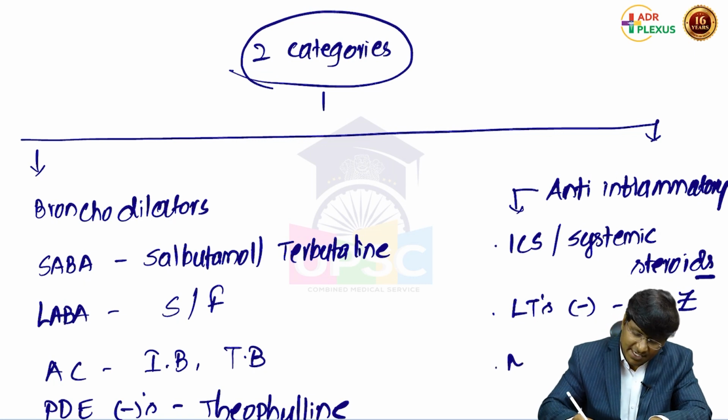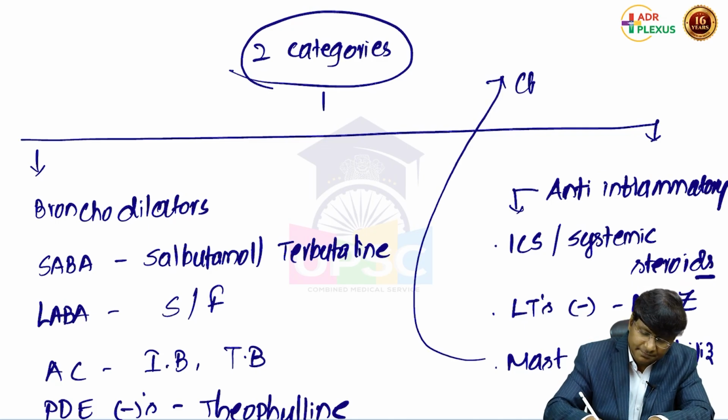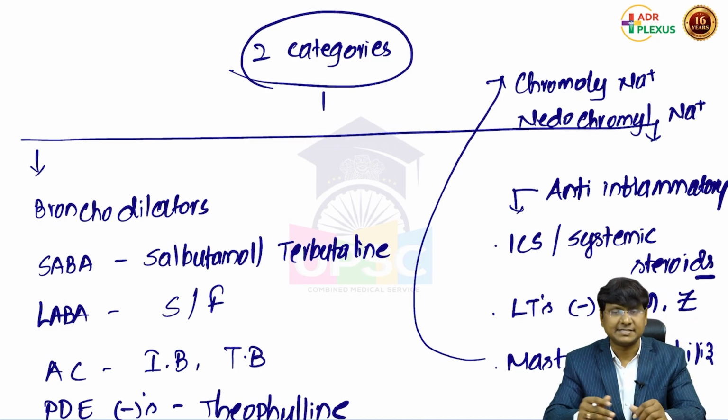Then we have the mast cell stabilizers. They include cromolyn sodium and nedocromil sodium. These two are the examples of mast cell stabilizers.